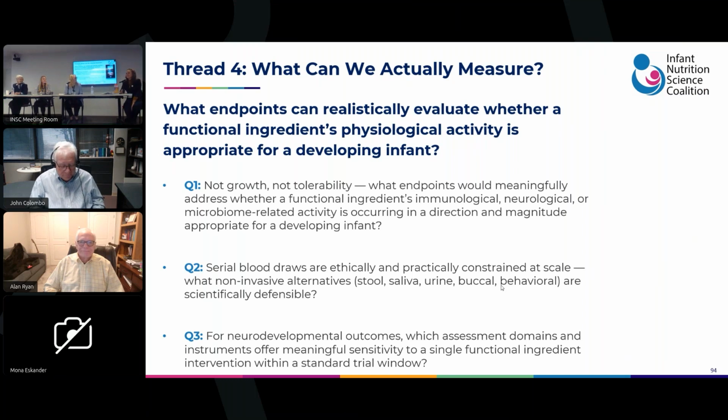For the immunologists in the room, how valuable would salivary secretory IgA or stool secretory IgA be, instead of blood IgA, for looking at an IgA response? I say that because I am a secretory IgA researcher and I already know the answer, but just kidding.